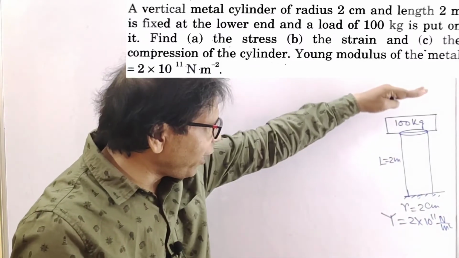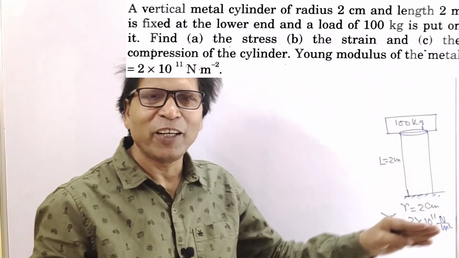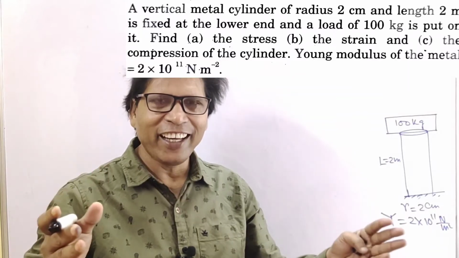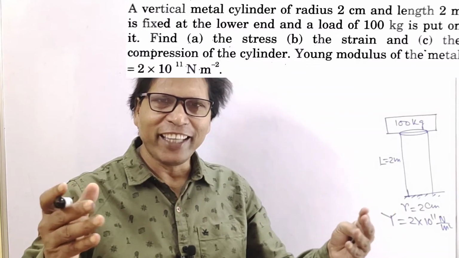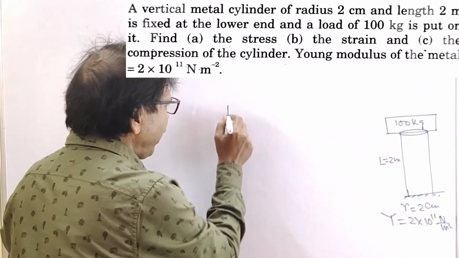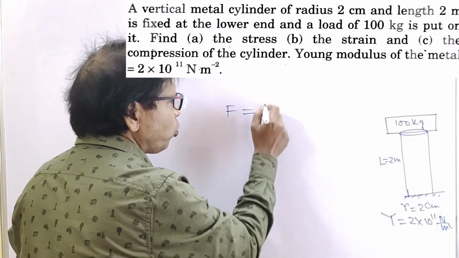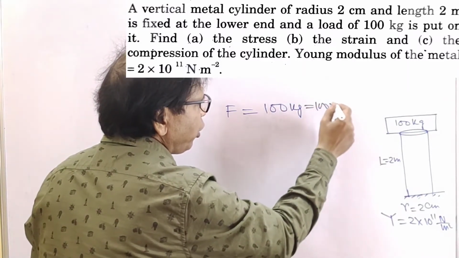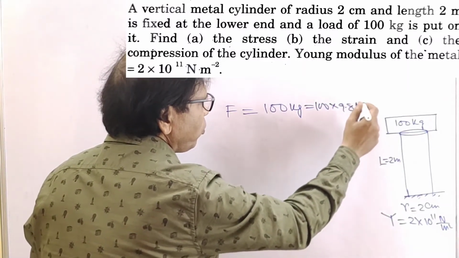A load of 100 kg is put on it. We have to calculate stress, strain and elongation, that is increase of length. Now the force acting on the rod, F, is 100 kg, so this is 100 into 9.8 Newton.